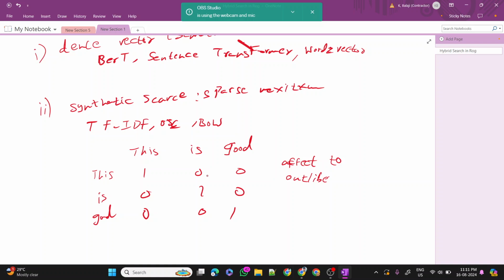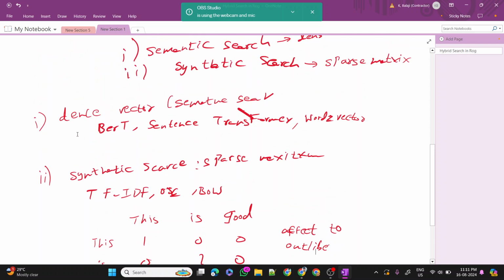But in dense vector search, it tries to capture similar data, similar to the keyword. The keyword is taken from the user query.